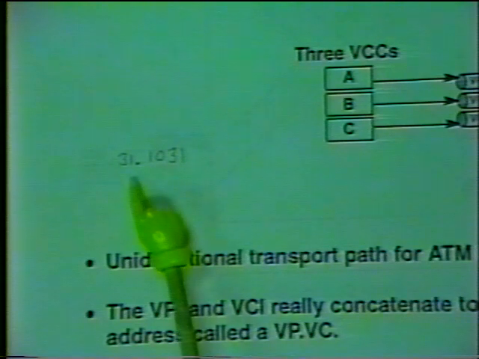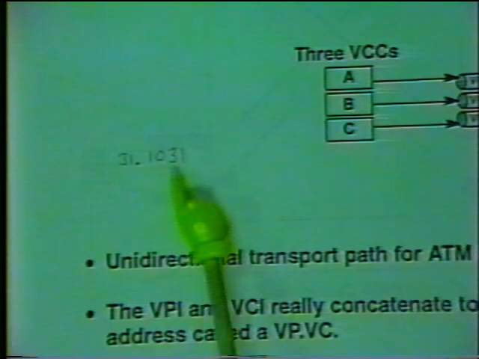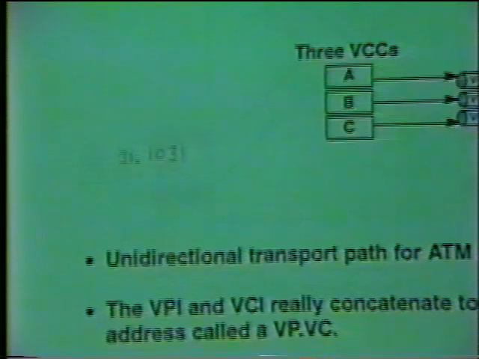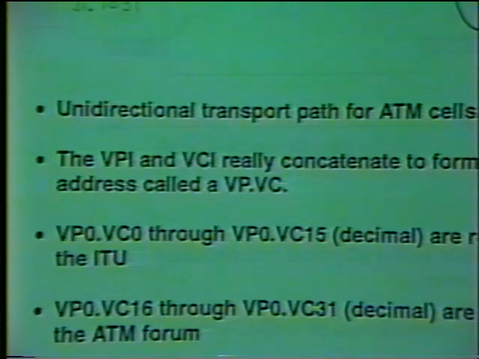So if you're looking at something that makes a reference like this, this is the virtual path and channel. And I think in the bulleted list down here, they talk about some of this, except they exclude the VP and the VC. So that's just showing some nomenclature for virtual channel and virtual path.